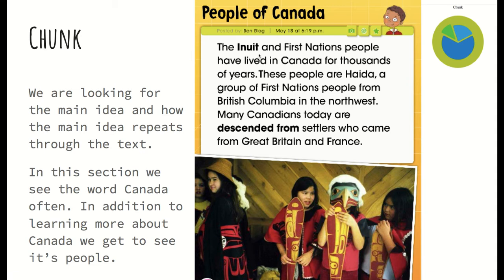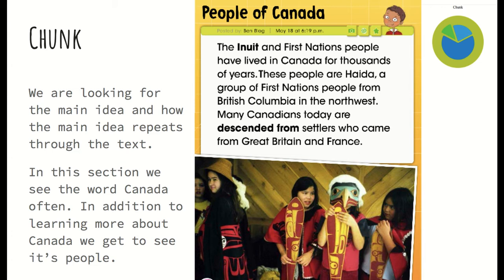The Inuit and the First Nations people have lived in Canada for thousands of years. These people are Haida, a group of First Nations people from British Columbia in the Northwest. Many Canadians today are descended from the settlers who came from Great Britain and France.